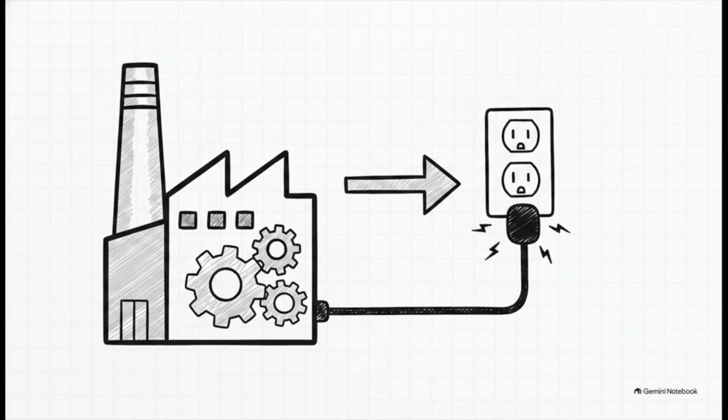Then, the electrical grid arrived, and electricity just became a universal plug-in. The power itself wasn't the advantage anymore. What actually mattered was the machine you plugged into it. Well, just like electricity, AI intelligence is becoming a basic utility grid. The model itself, the grain, is no longer your competitive advantage because literally anyone can swap it in for free.